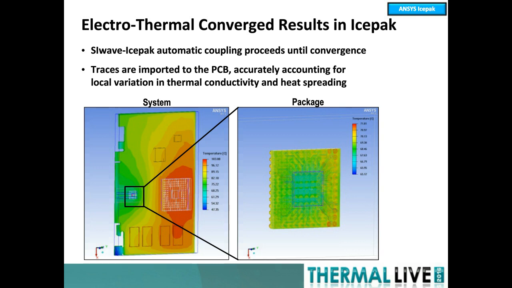Important for thermal simulations is thermal conductivity. And it will vary significantly depending on the layout in the board or the package. And we'll talk more about how to model printed circuit boards in the last section, and in particular, how to incorporate the effects of these traces.